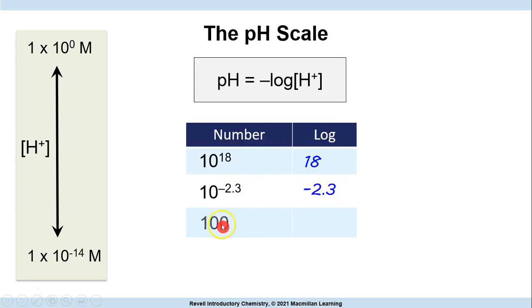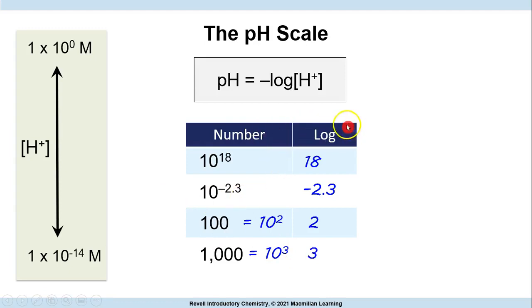If you have a number like 100, you can also express 100 as 10 raised to the power 2, and it will give you a log of 2. So if you take the log of 100, that gives you 2. Now, if you take 1000, 1000 can be expressed as 10 raised to the power 3, and the log of that number will give you 3.